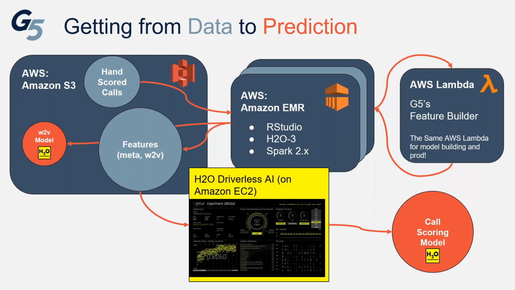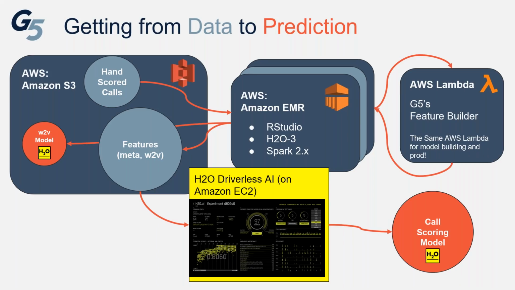The next step for us is to aggregate together all those vectorized transcripts, all that metadata, and stage that back into S3. That way we can spin up H2O Driverless AI in a separate context, and we can access that data just by passing it around within AWS on S3.